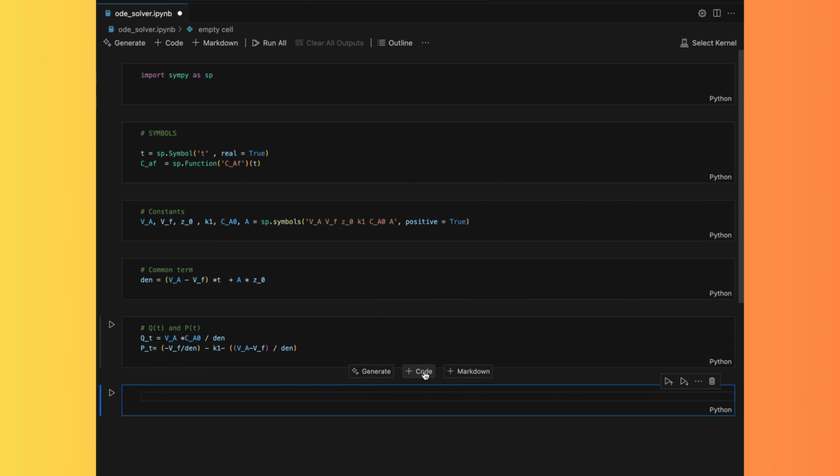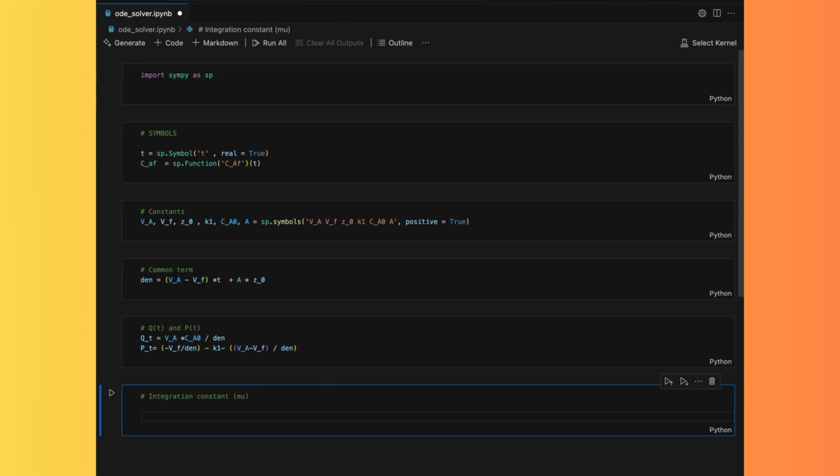Okay, let's continue with solving the integration. Let's write the integration function mu. You remember mu t. That's right.